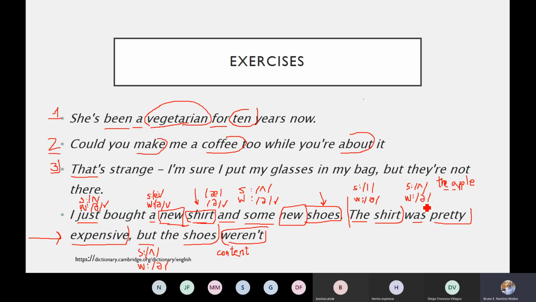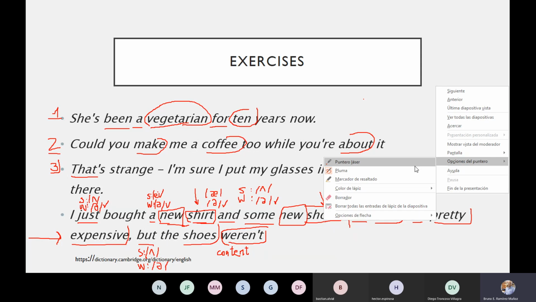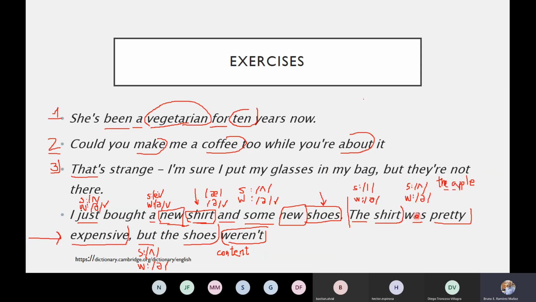So I would not use the strong form for the verb was with a wedge. I would use the schwa here, was. The shirt was pretty expensive, but the shoes weren't. And that's pretty much the analysis for this one.